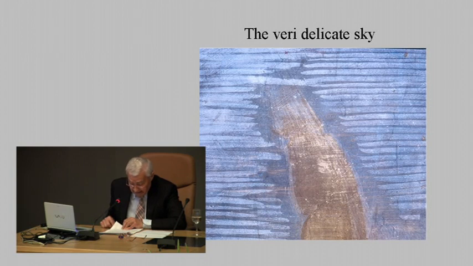The very delicate sky areas of the fresco were painted with a blue made from lapis lazuli. In the distant past, these areas had been subjected to a cleaning done with acid applied with a brush. The effects of this procedure are visible in certain areas because the acid had decolorized the lapis lazuli crystals.